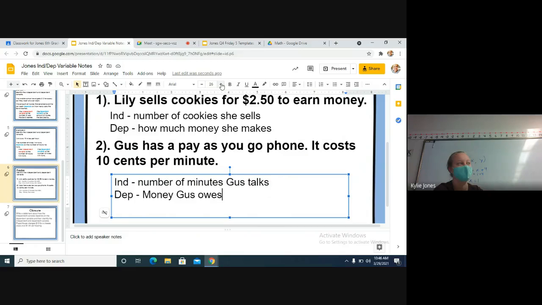Is it one of those phones? It's probably like a cell phone. The company just keeps track of your data to see how much you use it, and then at the end of the month you have to pay them. It's just like how you pay for electricity and heat and gas and all of that stuff. The amount that you use it is how much you owe.